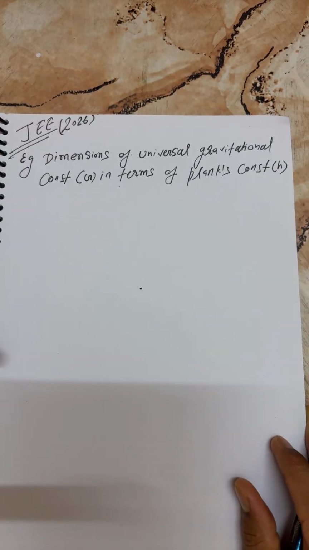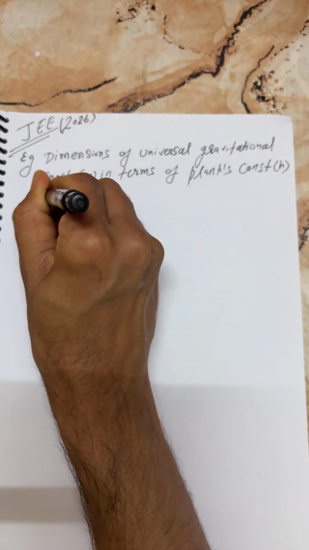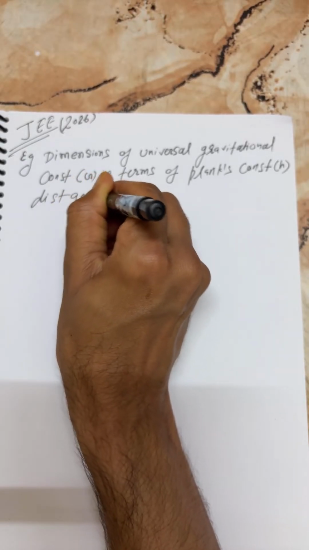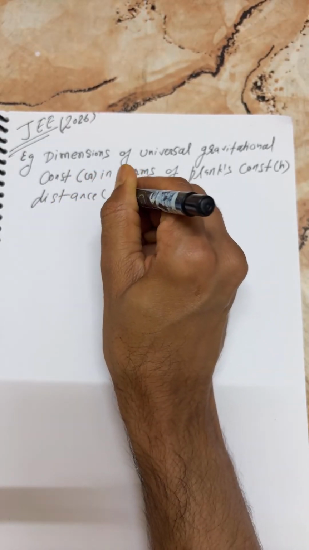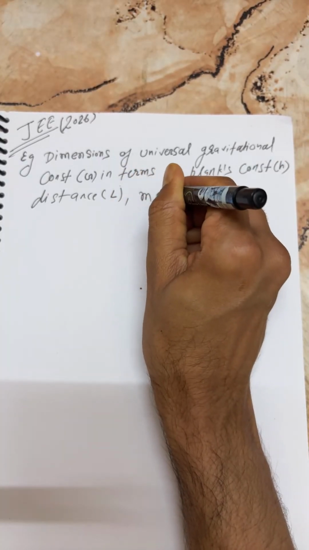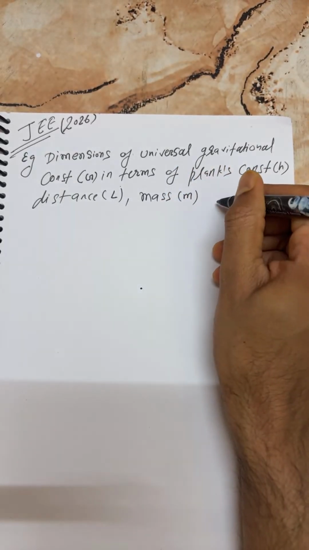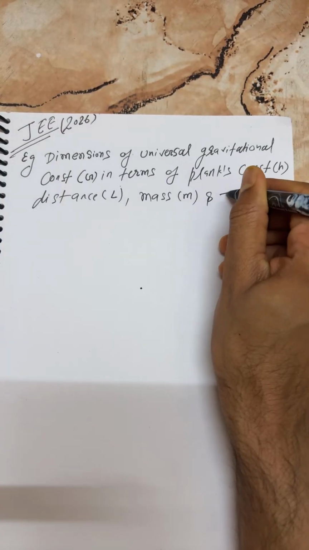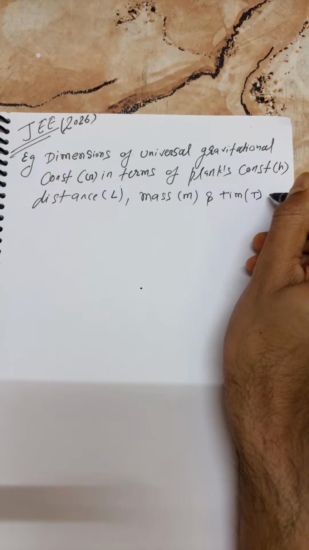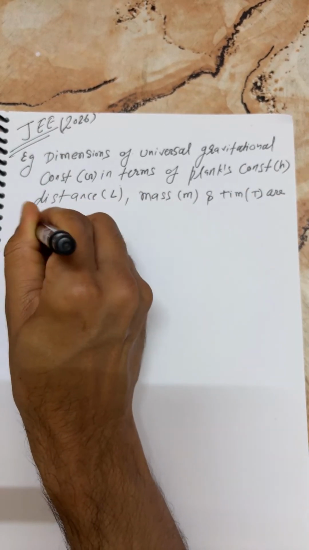H. Distance L, mass M, and time T. But there are four options here. I'll write.